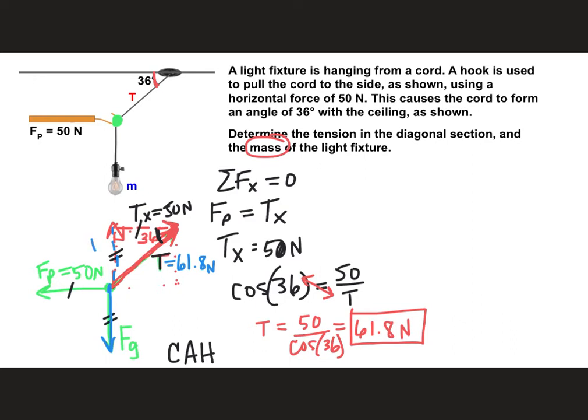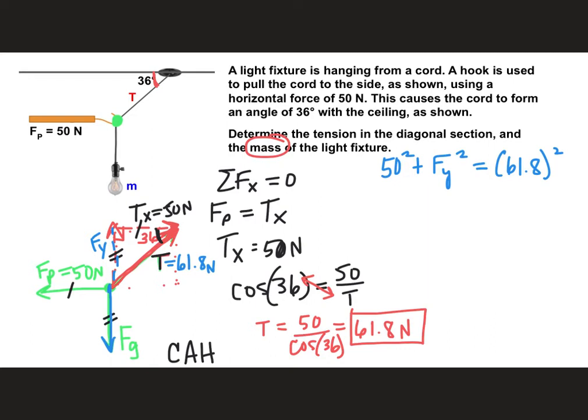So let's go ahead and use the Pythagorean theorem. We'll call this f sub y. Okay, that's the thing we're trying to find. So 50 squared plus f sub y squared should equal 61.8 squared.